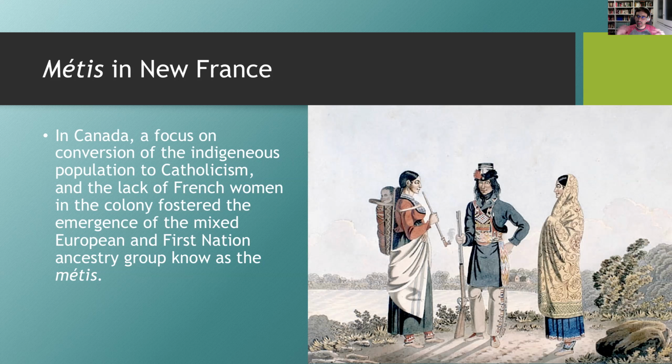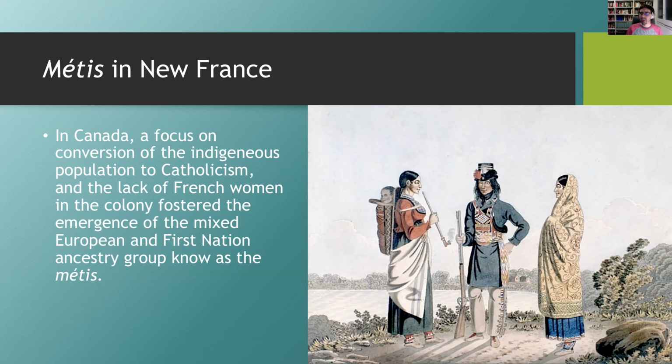And these people collectively are called the Métis. That is mestizo in French. The Métis are actually now considered a specific ethnic group legally in Canada. So they remain a specific group, a very small one at that. It's only a little over 500,000 people today in Canada.